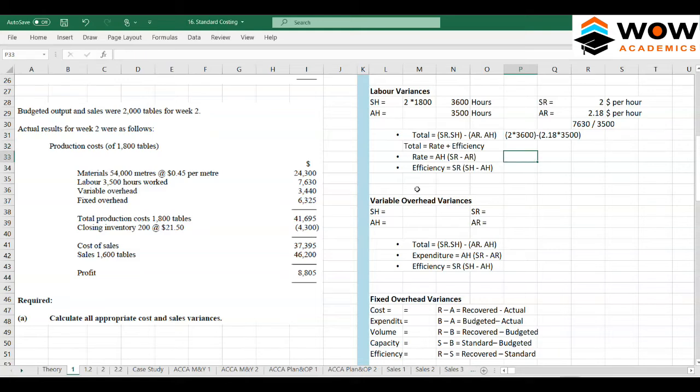AH is 3500, SR is 2, AR is 2.18, again SR is 2, SH is 3600, AH is 3500.